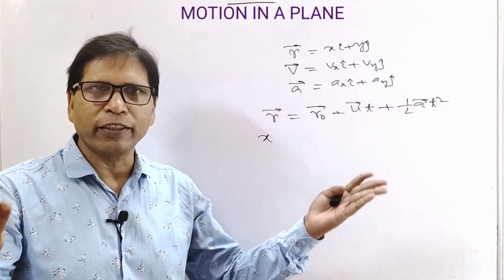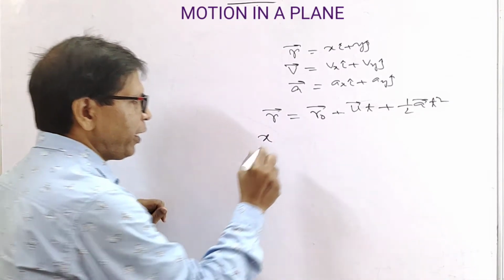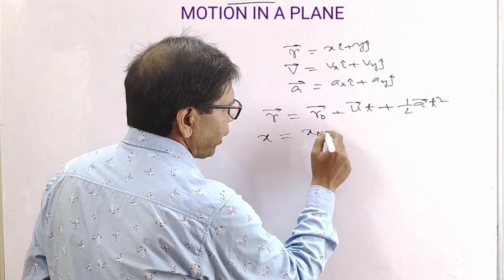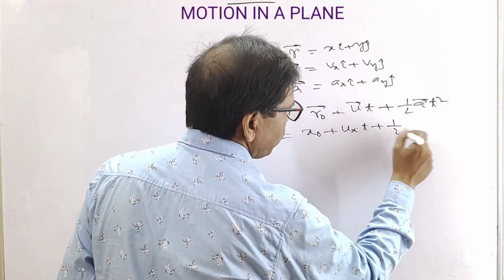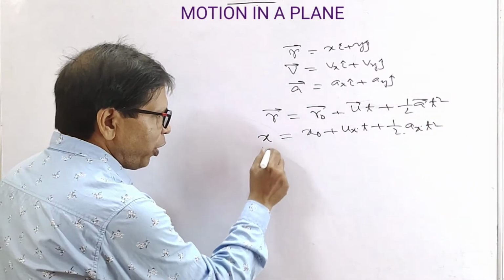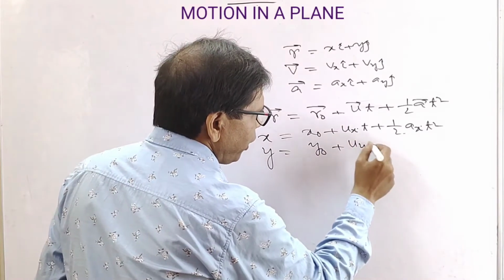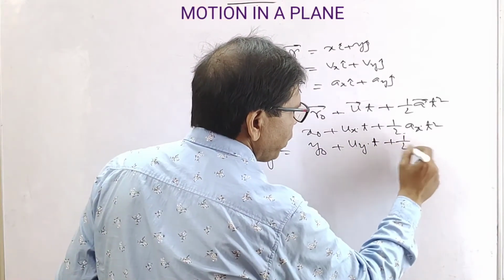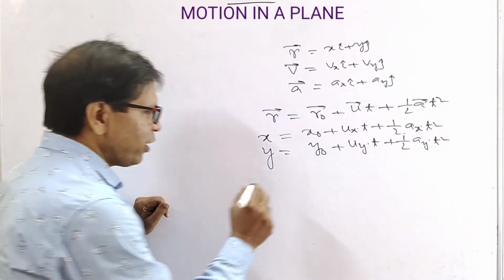If we resolve this along the x and y directions, this can be written as x equals x naught plus ux into t plus half into ax into t². In the same way, y equals y naught plus uy into t plus half into ay into t².